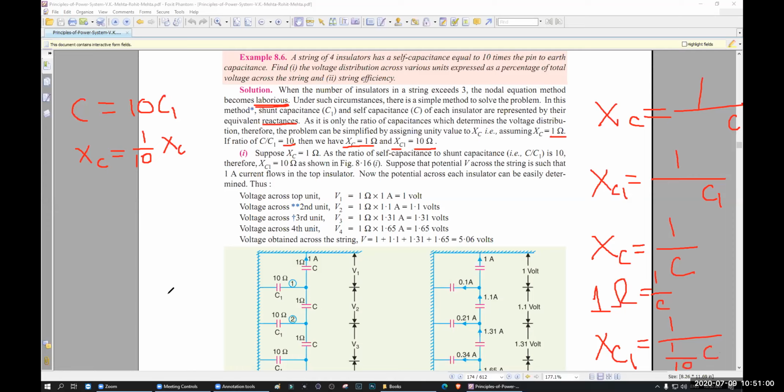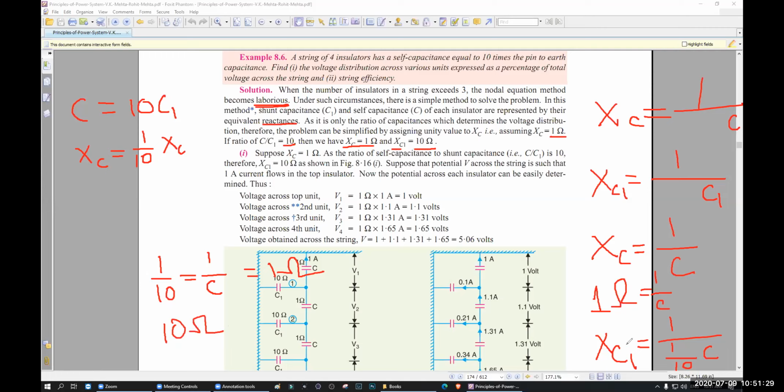This 10 will go up, and this is 1 by C, actually 1 ohm. So 10 into 1 ohm is equal to 10 ohm.